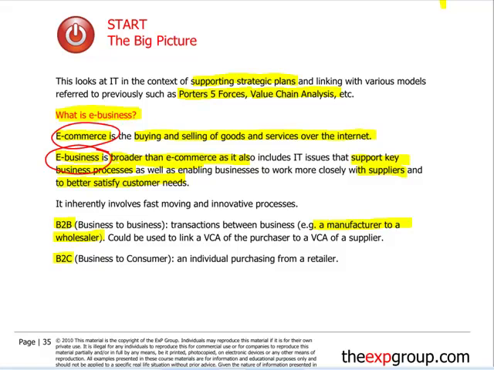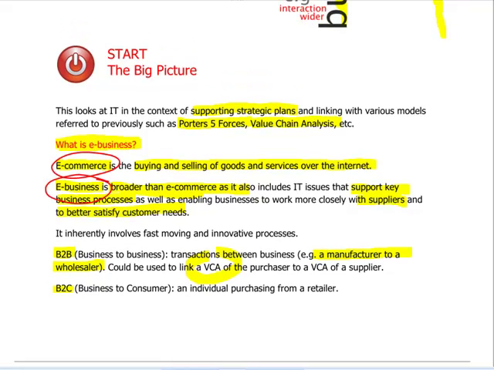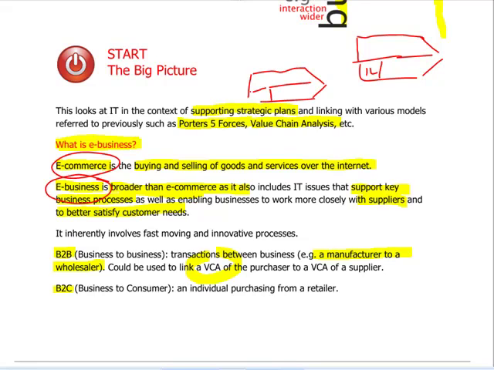Now, remember we had value chain analysis, Michael Porter's value chain analysis. So what we can look at here, if I draw briefly a small version of the value chain analysis, we have inbound logistics. Let's suppose we've got a supplier and they would have outbound logistics.